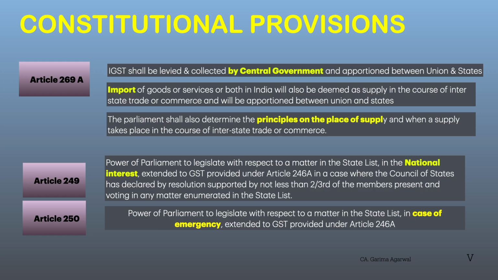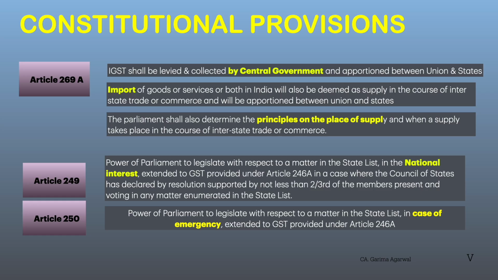So what is the original provision? The Parliament can legislate on state list matters if the Council of States, what is called the Council of States? It's basically Rajya Sabha, passes a resolution supported by 2/3 of the members present and voting, declaring it necessary in national interest. What this means for GST?